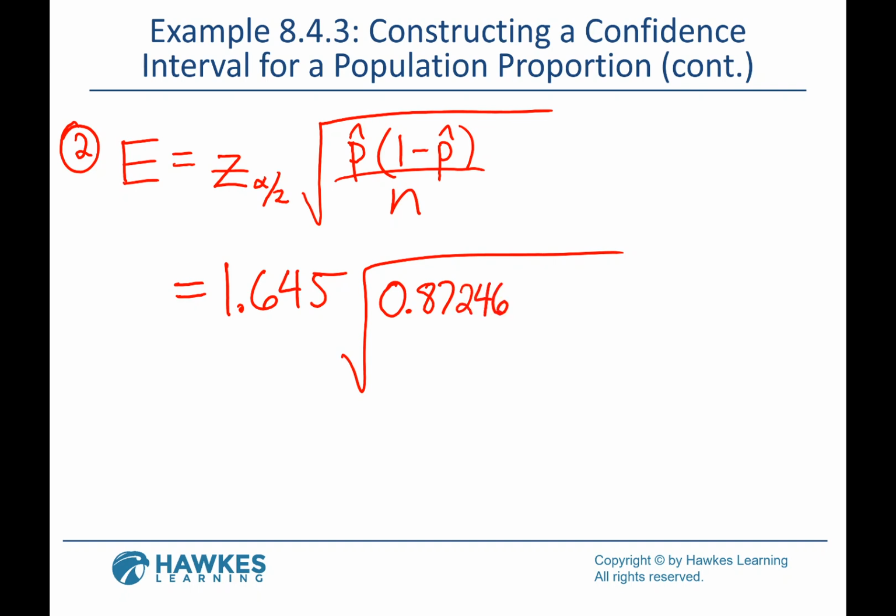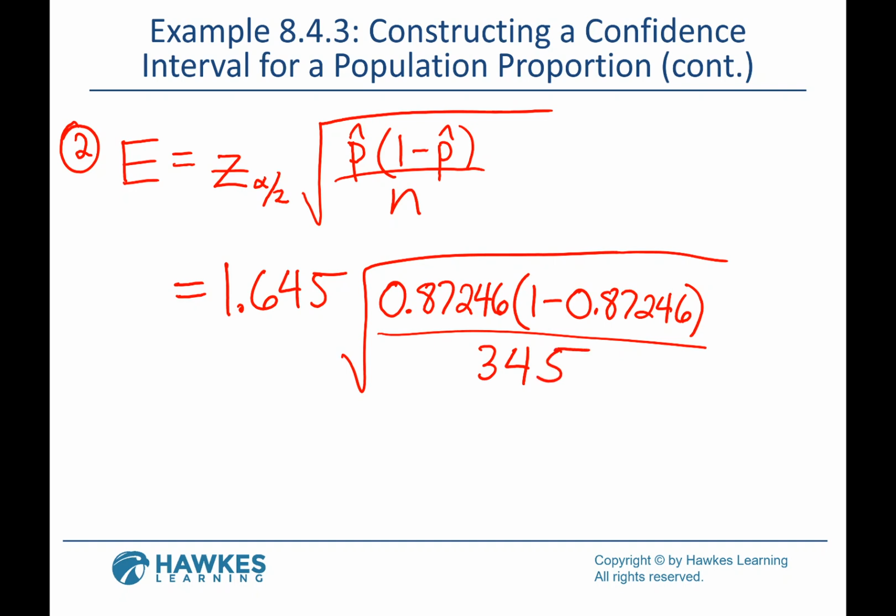I think Hawks lets you round the sample proportion to 3 places, which makes it a little less messy. Times 1 minus that number, and then we're going to divide by the sample size, which was 345. If you've got your calculator, you might want to try punching this one to make sure you can get the right number out of it.